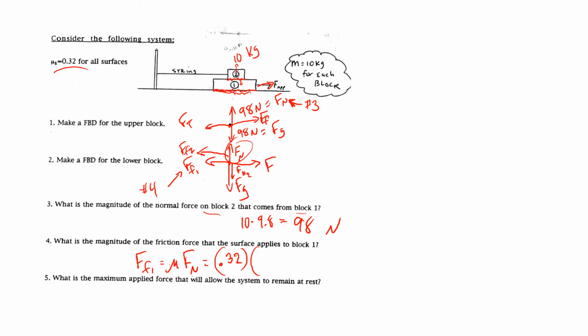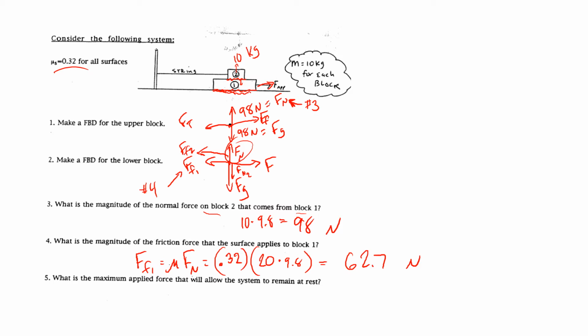Okay, so we're going to have 20 kilograms. Can I just do 20 times 9.8? Because, you know, that's the force of gravity is going to equal that. Alright, well, hopefully you said yes, because I wrote it anyways. 0.32 times 20 times 9.8. So this is going to be 62.7 newtons. Fun.